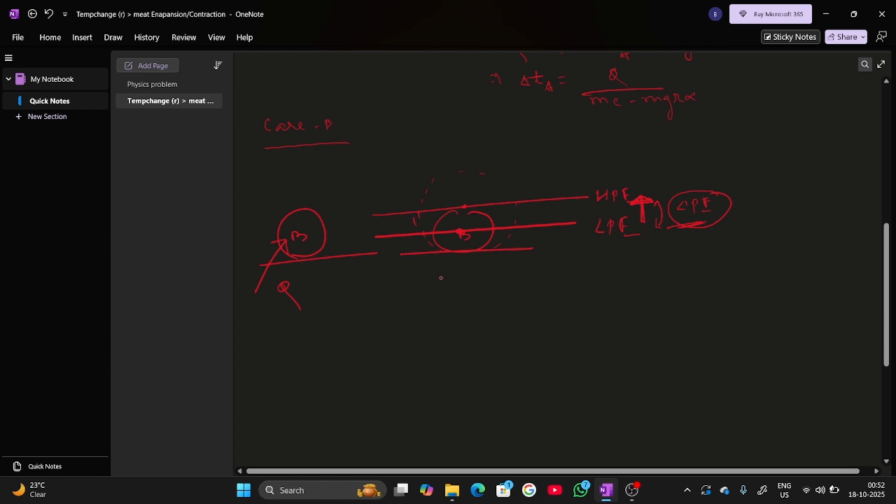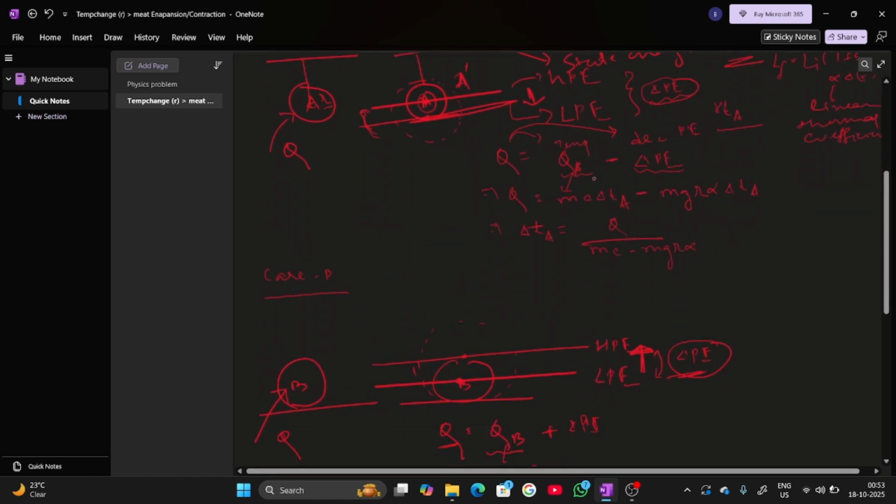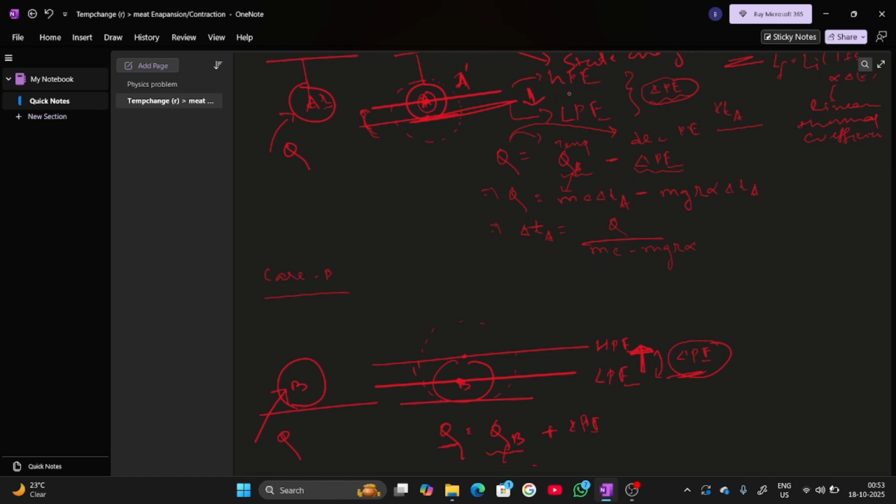So suppose we give it Q. This Q_B represents the part of heat which is used to change the temperature of B, plus some work done as it is raised, delta P. In case A, initially it is at high potential energy, then it turned to low potential energy.